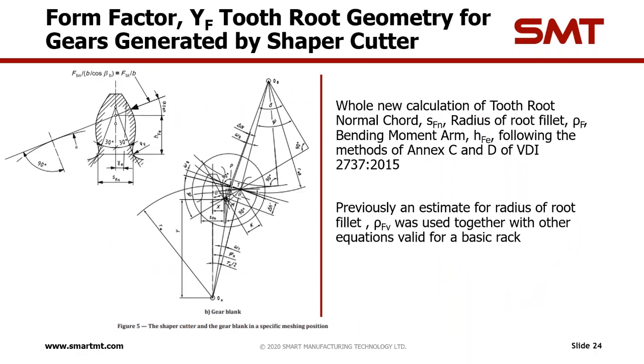Previously we discussed a little bit about the change to the tooth root geometry due to shaped gears as well. The previous standard 1996 and 2006 versions used to have an approximation for fillet root radius.